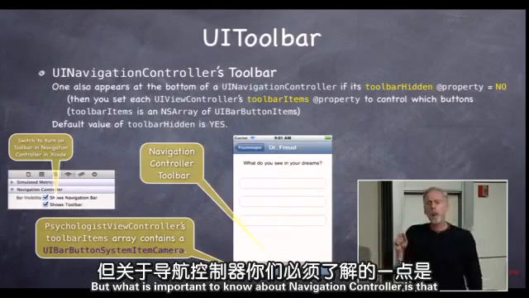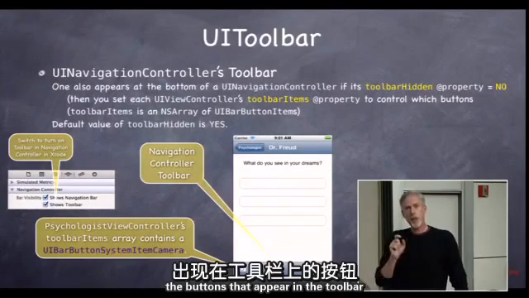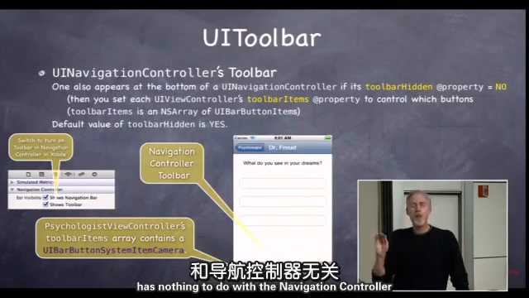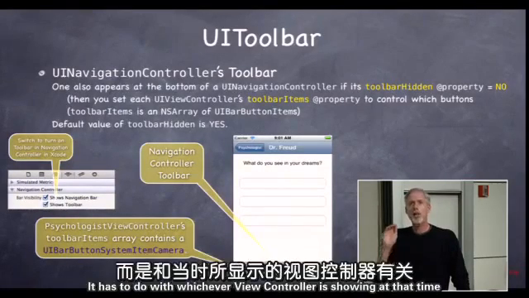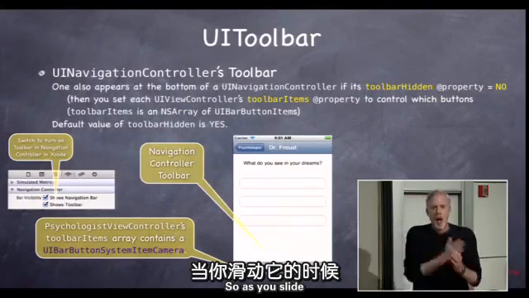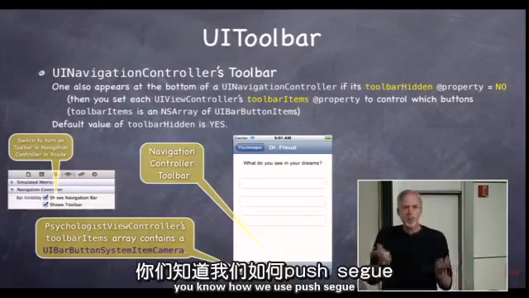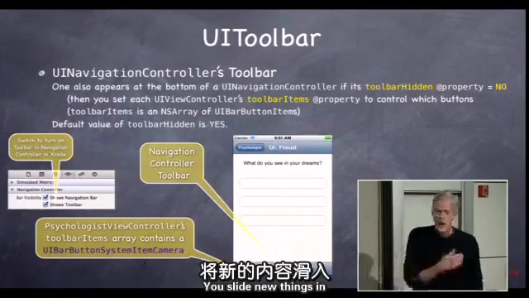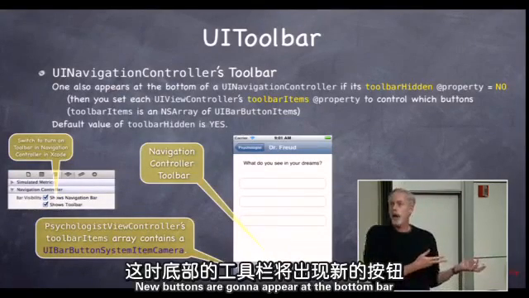But what's important to note about the navigation controller is that the buttons that appear in the toolbar have nothing to do with the navigation controller. It has to do with whichever view controller it's showing at the time. As we use push segues to push new things into the navigation controller, new buttons are going to appear on the bottom bar.